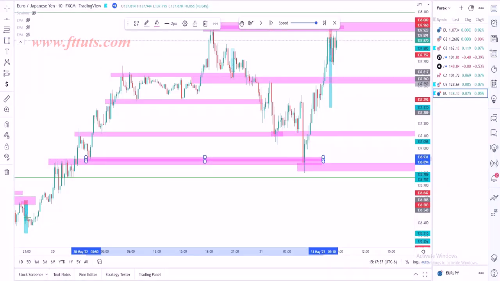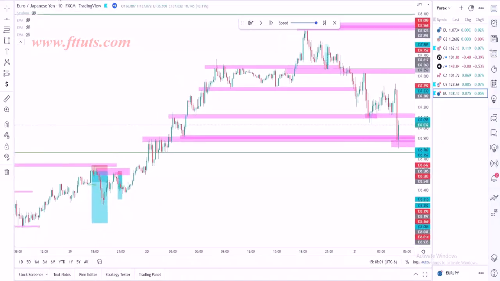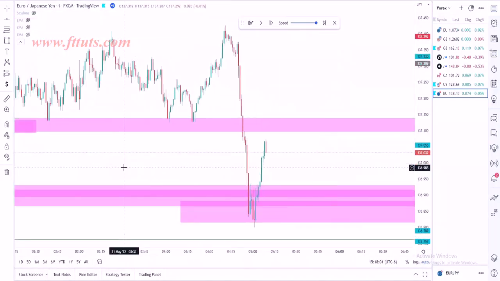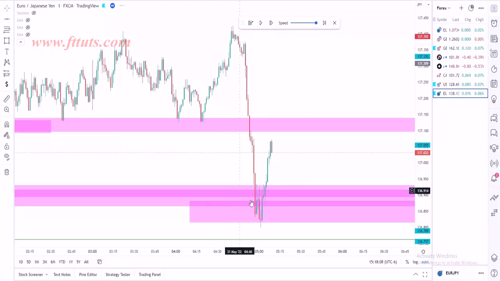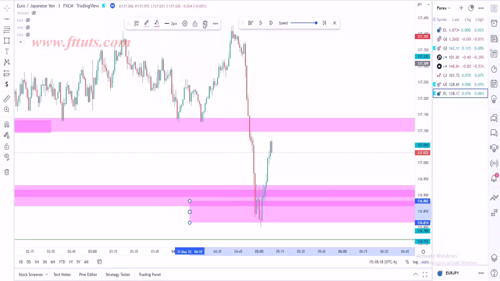Actually, I just want to drop down and see if this was a viable trade right here. Let's see. And it probably was. Got some rejection on the wick there. So I'm not sure if I would have taken this trade, because if you take this out, you can see it a little bit more clearly.